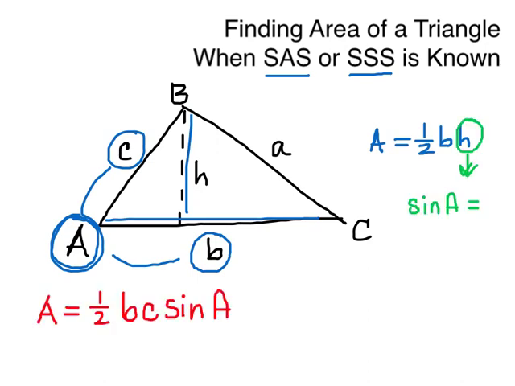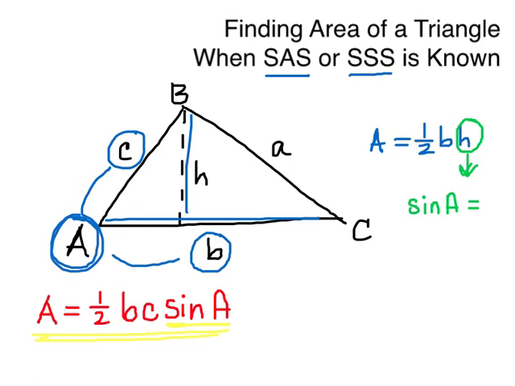The formula we're going to use, with sine specifically, is area equals 1/2 the B side times the C side times the sine of A. And remember, sine is always taken on an angle, so A will be your capital A, which represents the angle, and it has to be the angle between the two sides, or you can't use this formula.